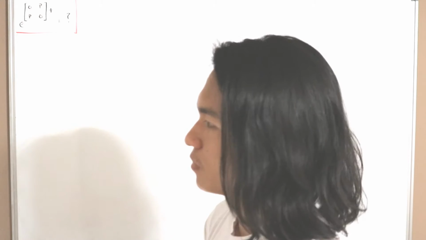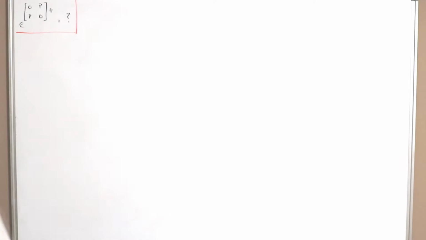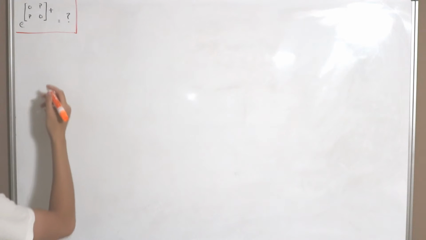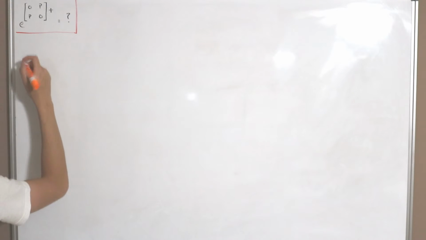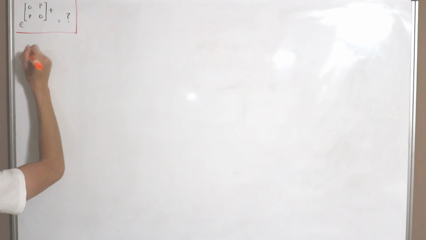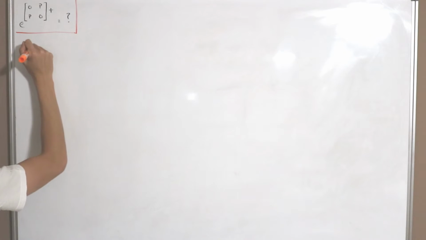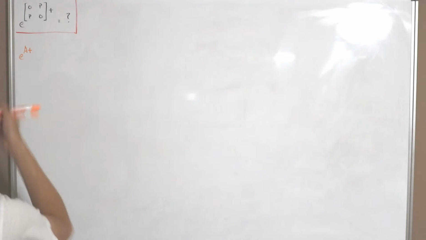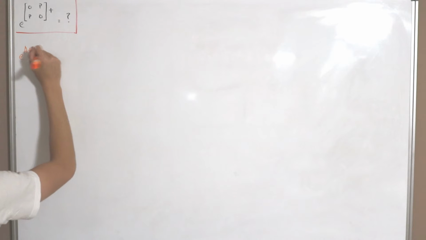And now, to really start this off, I'm going to use the power series representation for the exponential function. So we have e to the power At, where capital A is just representing a matrix.